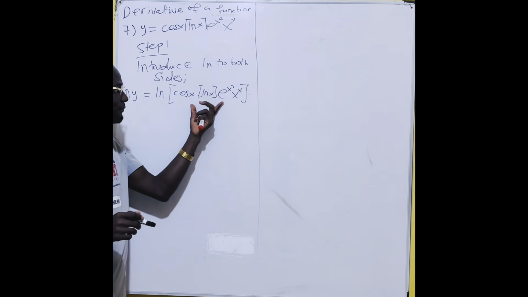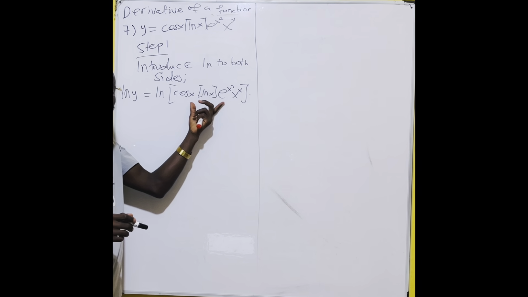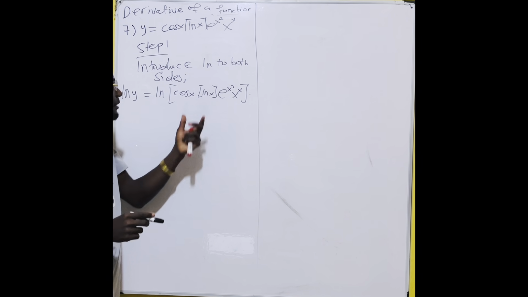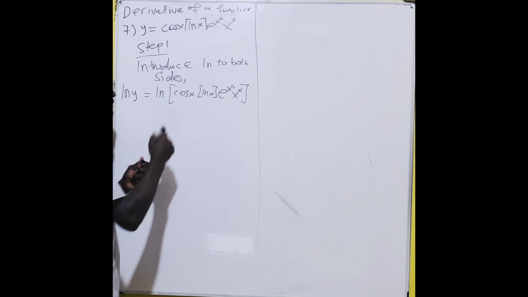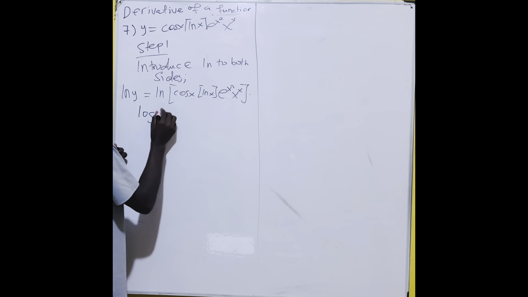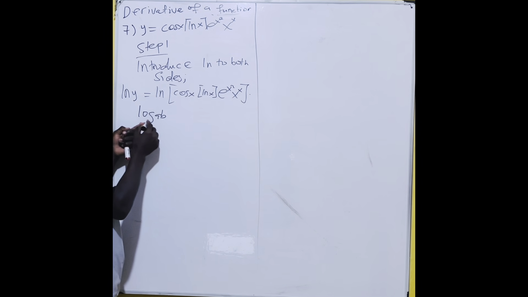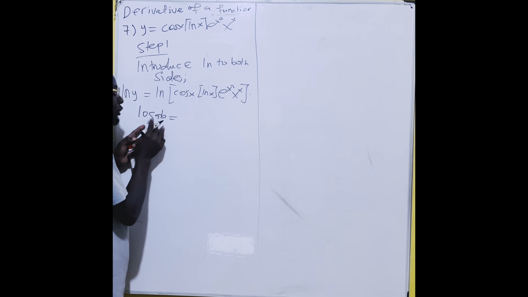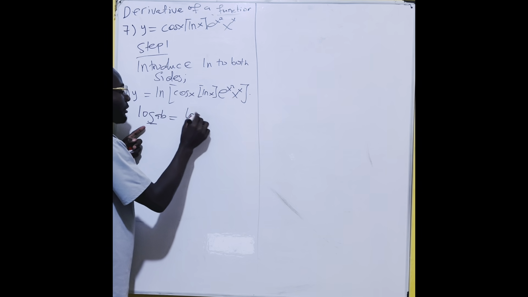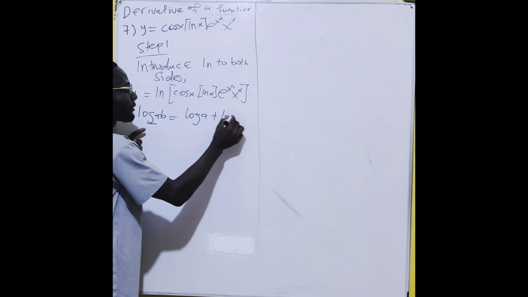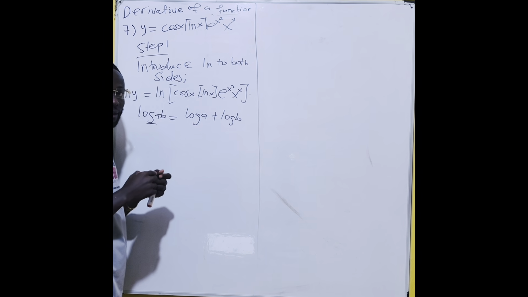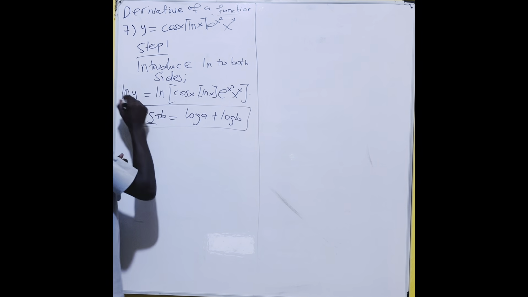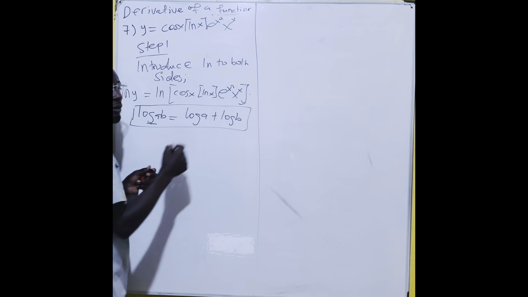Now at this point, we have to apply the natural log property, right? That says that if you have log AB and you want to separate them, then it's going to be what? Log A plus log B. That is a property of logarithm. So we know this.